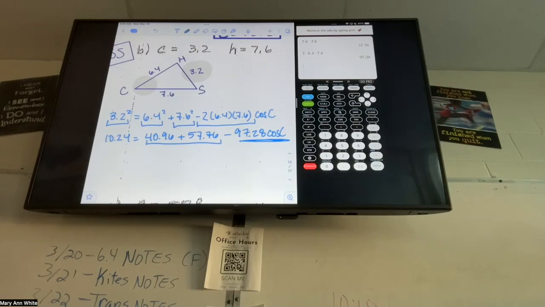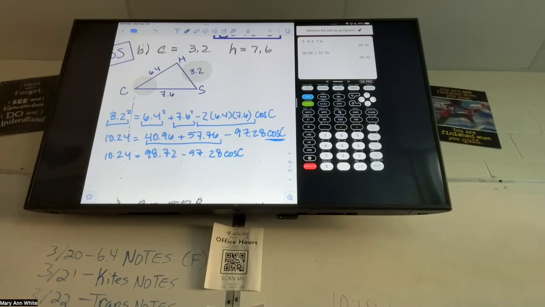So let's do 40.96 plus 57.76. Okay. So now I've got 10.24 equals 98.72 minus 97.28 cosine C. You still cannot combine those two terms. Sometimes we get to this step and then you're like, oh, look, I can combine it.